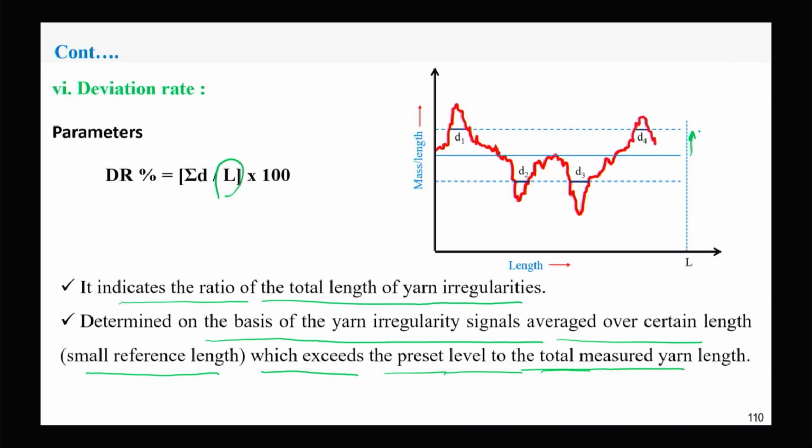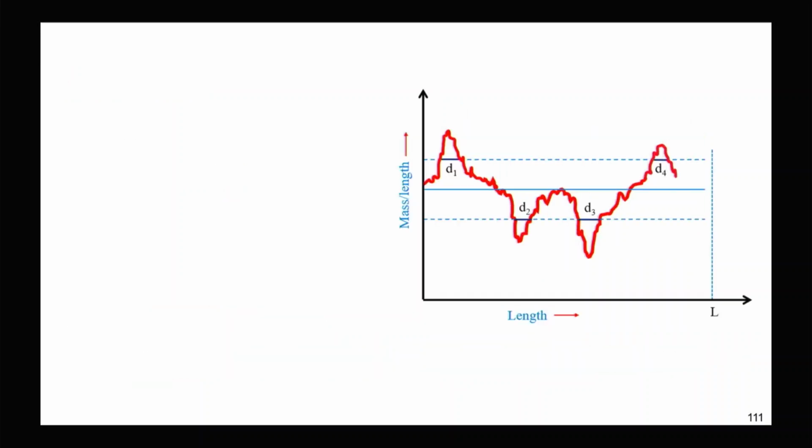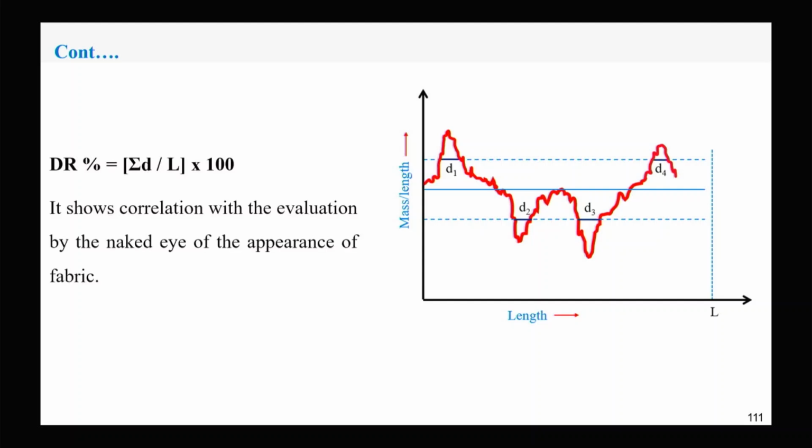So this is the preset limit we have decided, as in our case we decided plus minus 2%, and the total length, the ratio is there. So it shows the correlation with the evaluation by naked eye, that is, the appearance of the fabric. So it is giving a numerical value which reflects the actual appearance in the fabric.